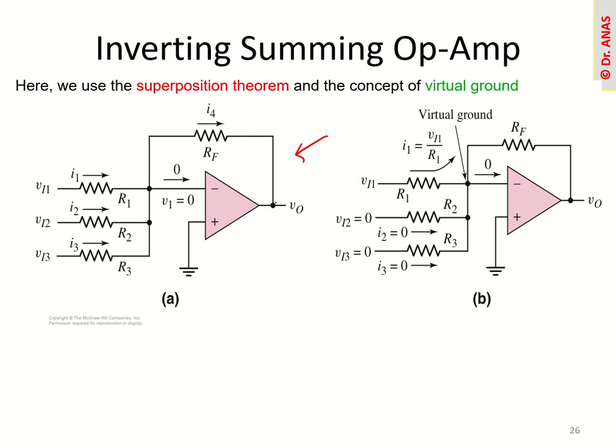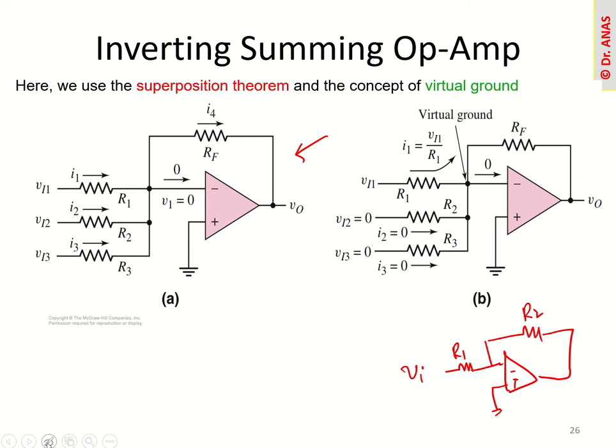So what are we doing here? Our original amplifier looks like this with only one input. We are talking about the inverting case, R1 to R2. Now you want to add more inputs.